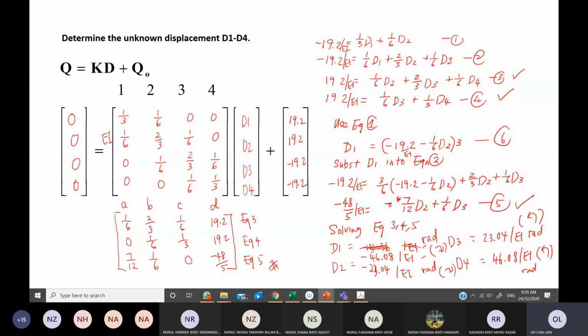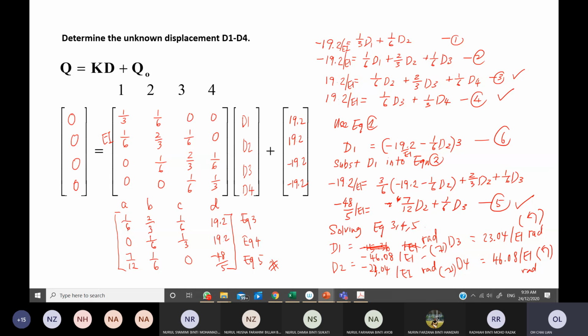But this is not the answer for the problem given. The question asks for the moment at B and moment at C. So we need to continue. No matter what, you need to solve the unknown displacements D1 to D4 first. Then using these, you can solve for the support reaction and also the internal forces.